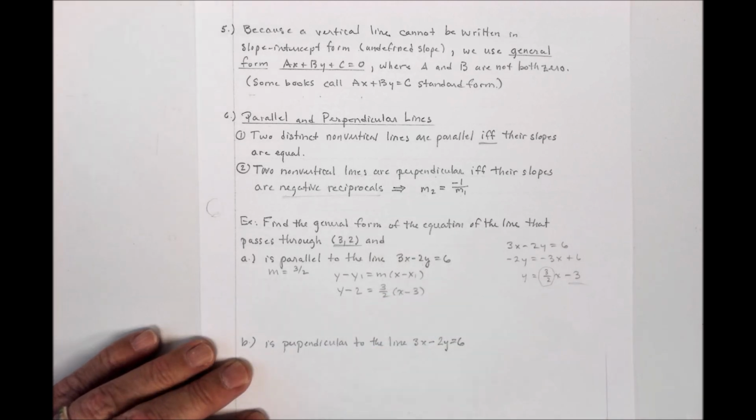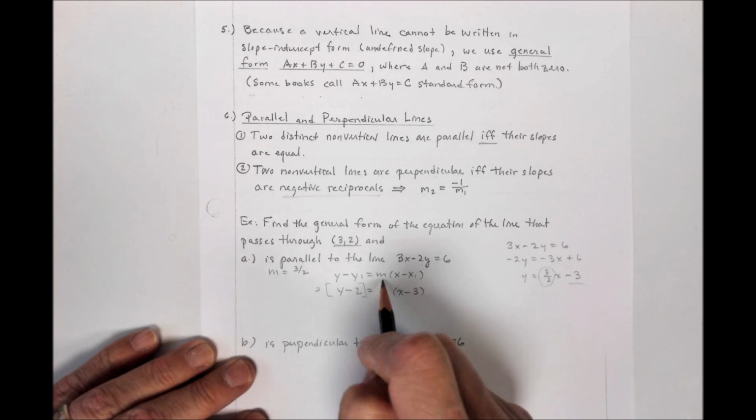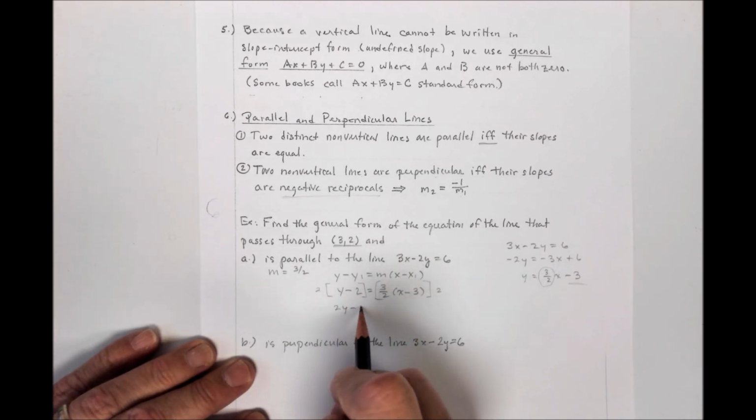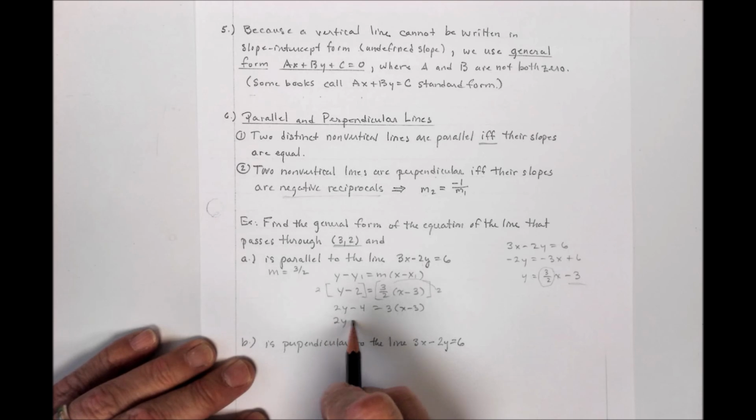Now, as I mentioned, I don't want any fractions, so I'm going to multiply both sides by 2. 2 times this side, and 2 times this side, and I get 2y minus 4 equals 3 times the quantity x minus 3. I have 2y minus 4 equals 3x minus 9.